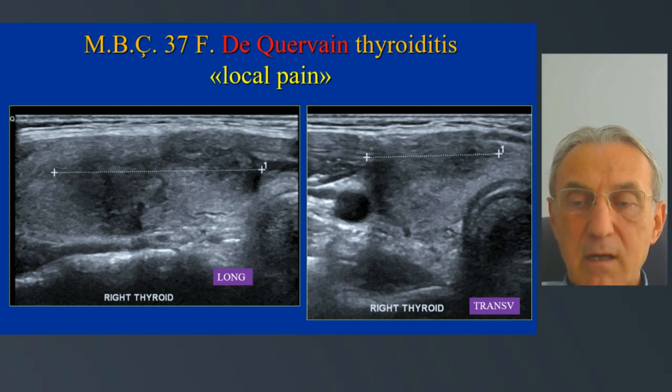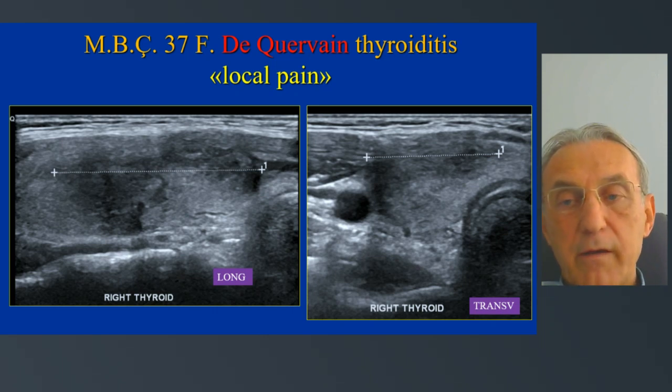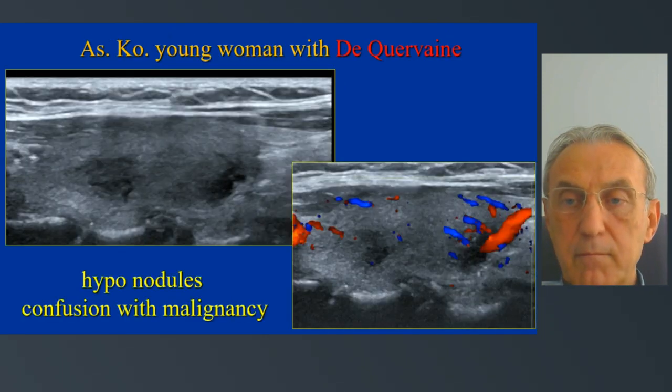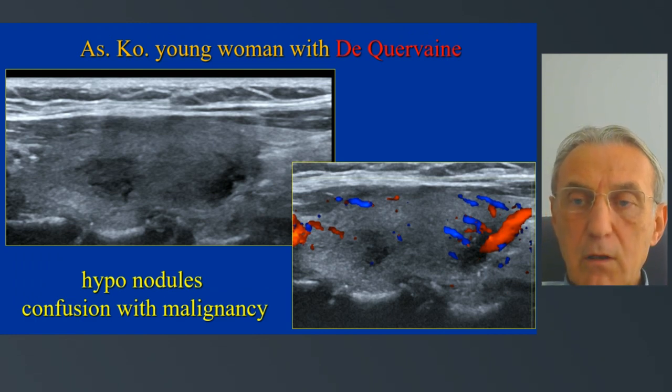There are many hypoechoic areas, but they are ill-defined. This is another patient with de Quervain thyroiditis, and you see the hypoechoic nodules with ill-defined borders. The important point is that these nodules do not have vascularity. They are hypovascular.